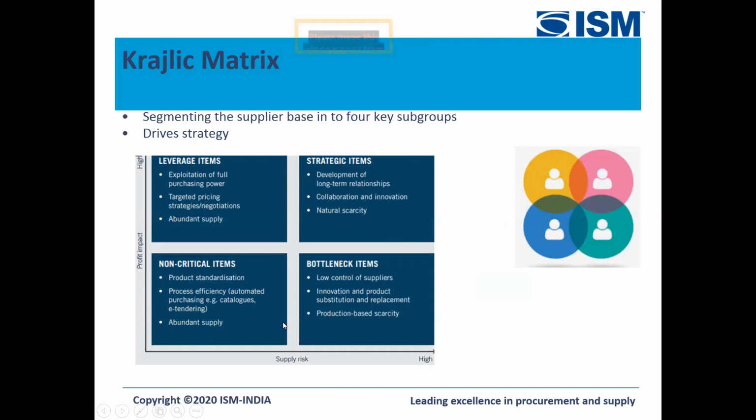Anything where there are many suppliers available in the market and the spend is also low becomes the non-critical item, and it just needs product standardization. We try to move from custom specifications to standard specifications so that we can utilize the available suppliers, and the switching cost from one supplier to another becomes very low.